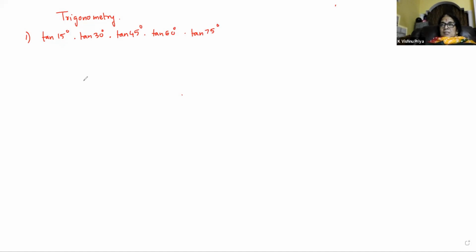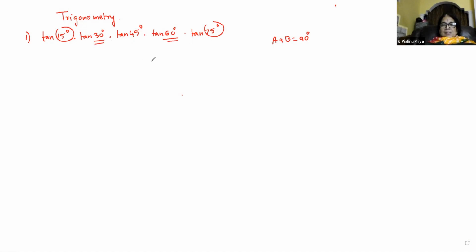Whenever you see such a problem, you have to collect the angles which give you 90 degrees on adding. That means A plus B must be equal to 90 degrees. You can see here 15 degrees plus 75 degrees is 90 degrees. 30 degrees plus 60 degrees is also 90 degrees.